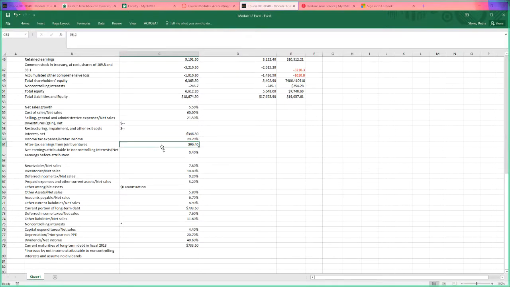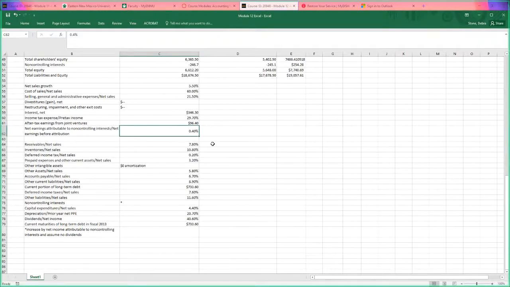And after-tax earnings from joint ventures they give you. This one, net earnings attributable to non-controlling interest divided by net earnings before attribution, you're going to apply to the net earnings before attribution, not 40%, 0.40%. Then receivables net of sales is 7.8% of the net sales. It's 10.8% for inventories. Deferred income tax is 0.20%, and so on. It gives you this information going down.